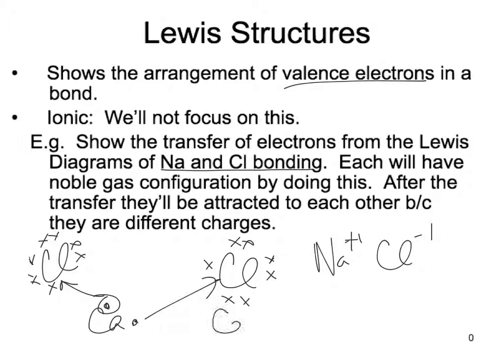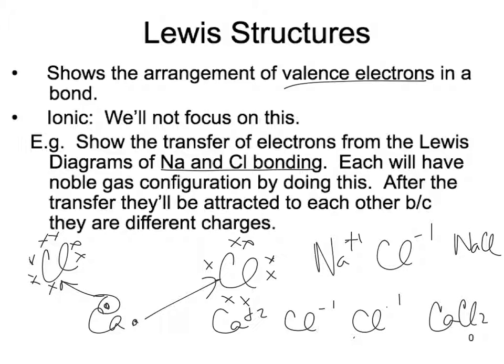So you'd end up with a Ca2+ and a couple of Cl-. You'd end up with a CaCl2. Here you'd end up with an NaCl. So those are ionic structures and transfers of ionics. Now the next one we're going to talk about is covalence.